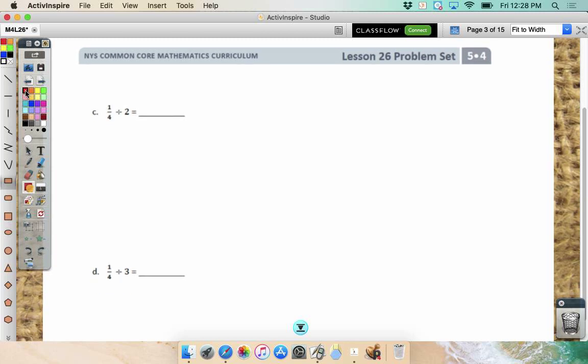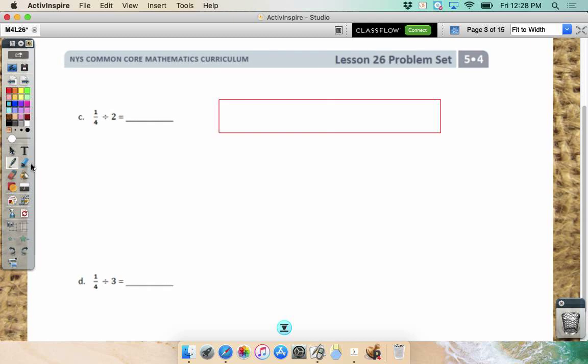Okay, so this time the family ate more. I'm going to get rid of that. The family ate more of the pan of brownies, didn't they? Yeah. Okay. So they only have a 1/4 left to share. So go ahead and show 1/4 on your tape diagram.